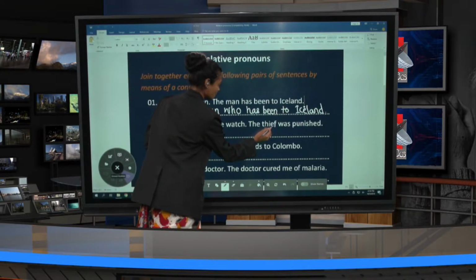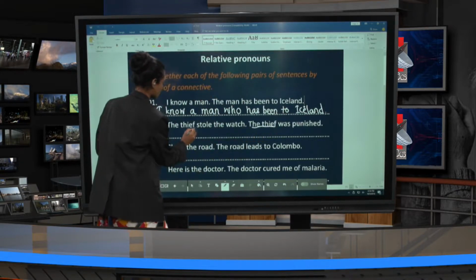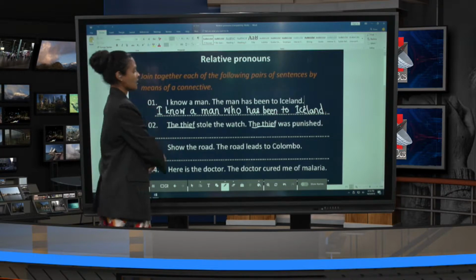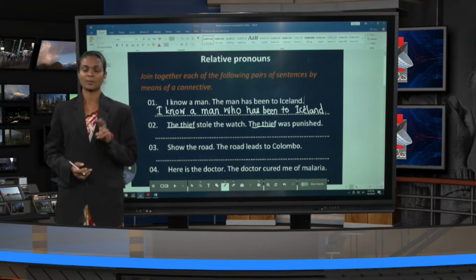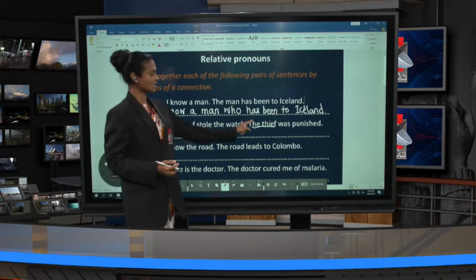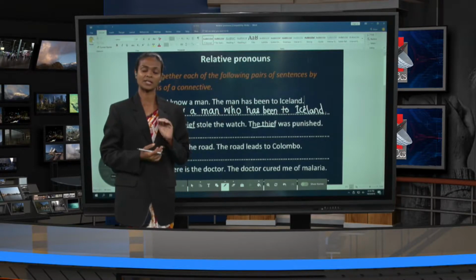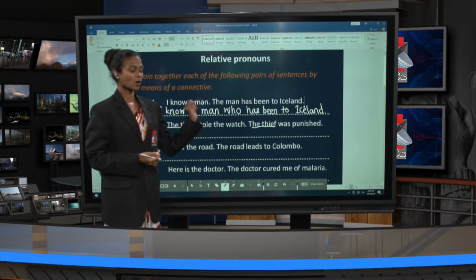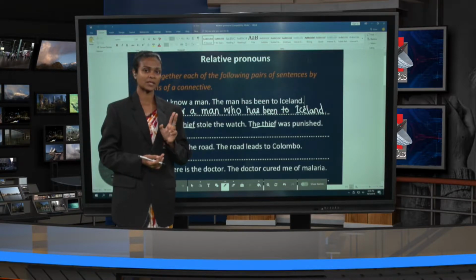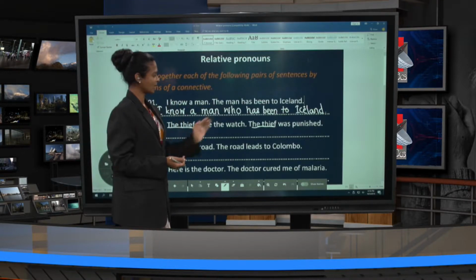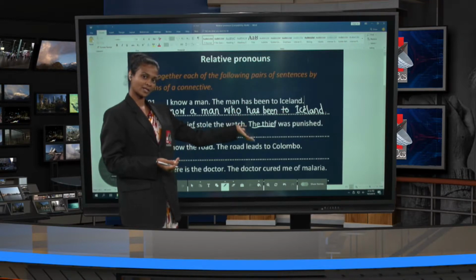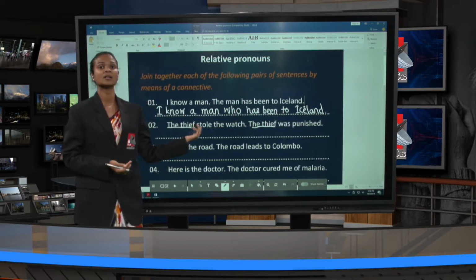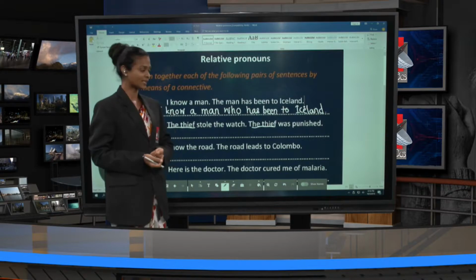The same thief is described twice. It is not necessary to use the same noun twice. So we can omit this thief and we can describe the thief by adding a relative pronoun like this.